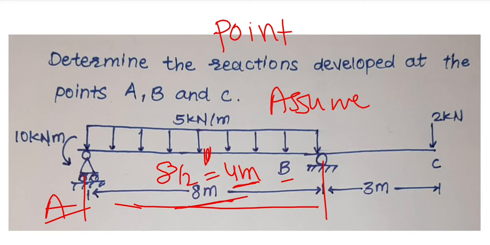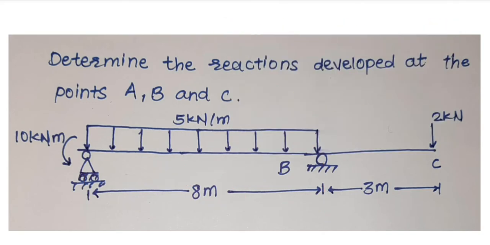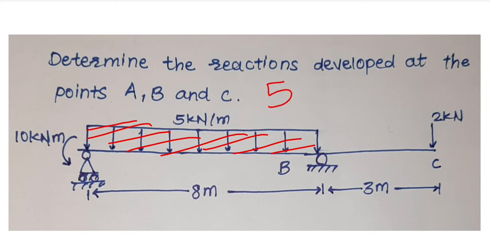Now the question arises: what will be the magnitude of the force acting at the 4 meter distance from A and B? To know that answer, we need to find the area of this rectangle. So how will we find the area? We will assume the height to be the intensity of the force, that is 5, into this 8 meter length.